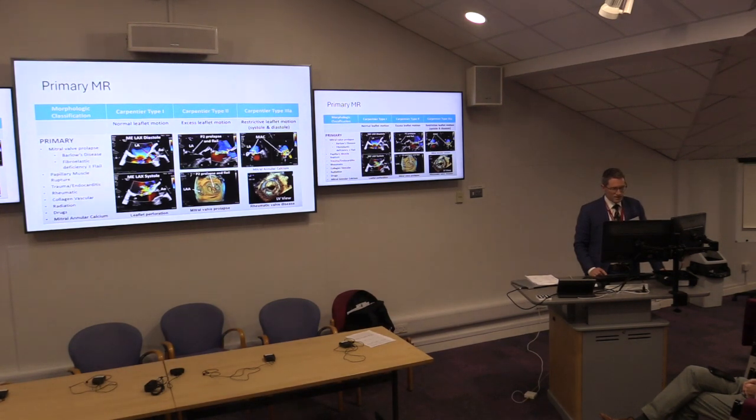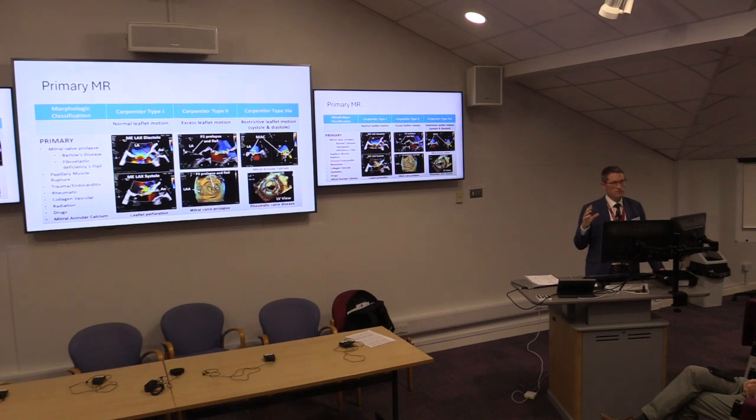Closely related to that classification, the guidelines focus very much on defining what's primary and what's secondary, and one of the points I want to get across to this audience is that even for an imager like me, I find this difficult, because it's true to say that in the majority of cases there will be a predominant mechanism, but this is almost too simplistic.